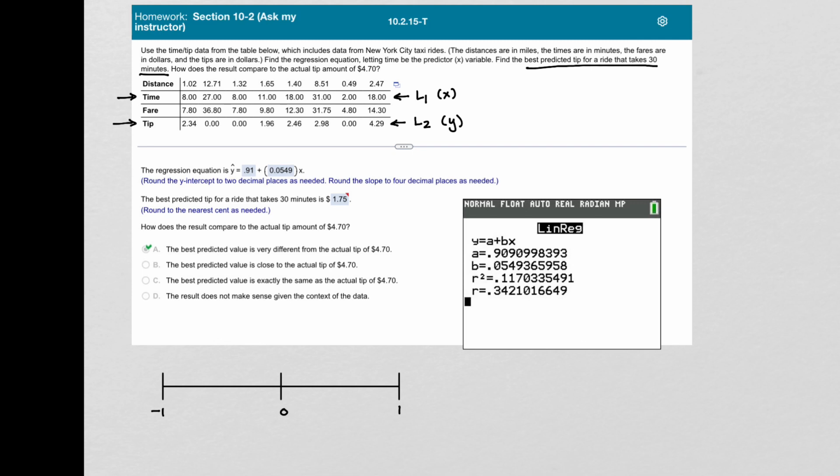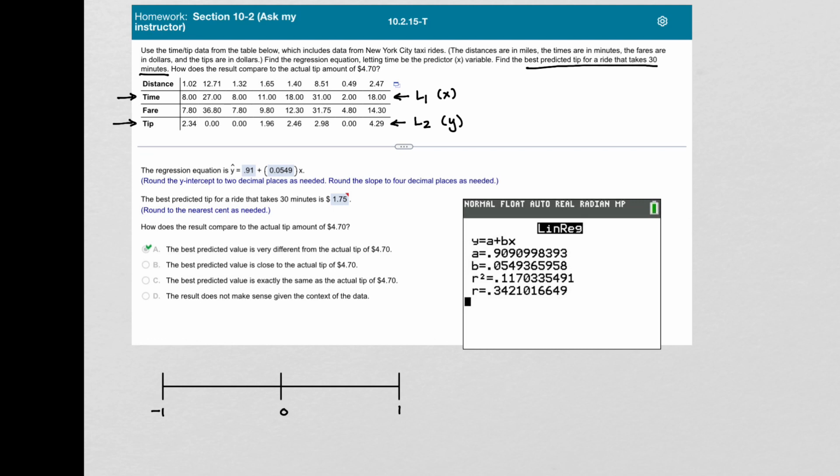And here are my results. So I have my regression equation, and the value of A is 0.909099, and so on. And the value of B is 0.0549, and so on for that. So we round those values as needed, and we put that in for our regression equation.